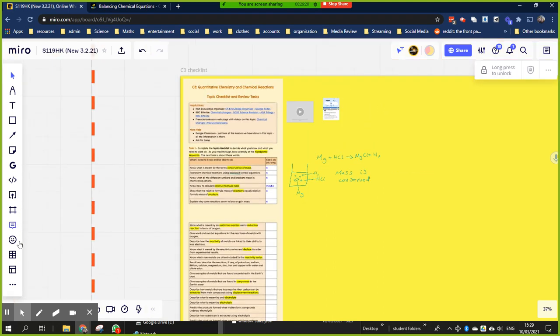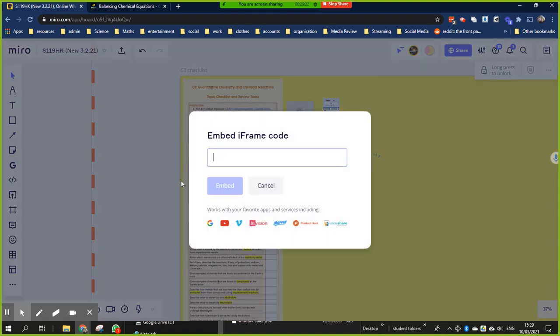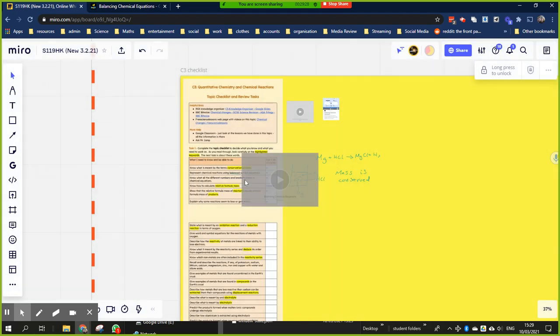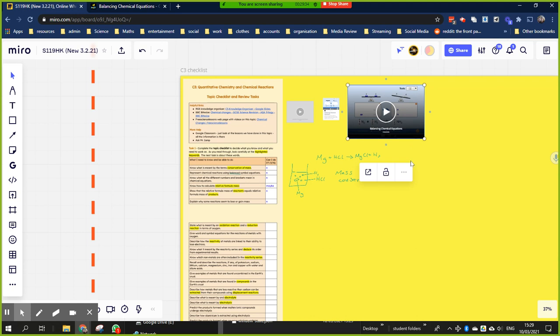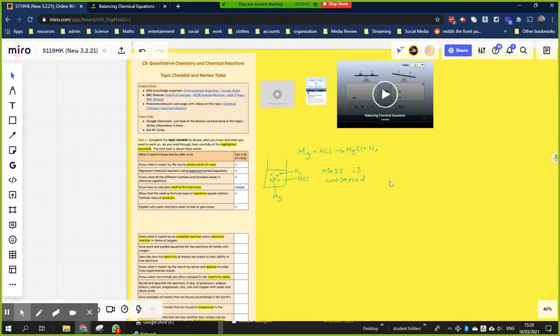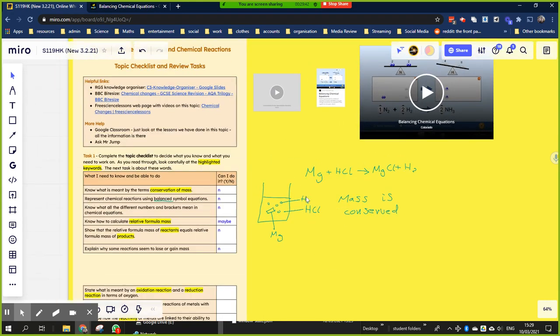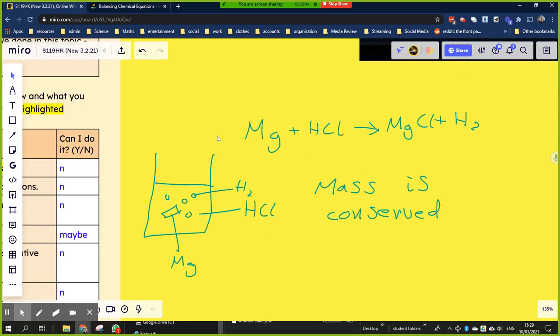If we go to this tool, embed, paste the code that I copied, press embed, and now we have a simulation which we can use within the whiteboard. We're not going to use that now, but you can have a go yourself after the lesson to practice balancing equations.